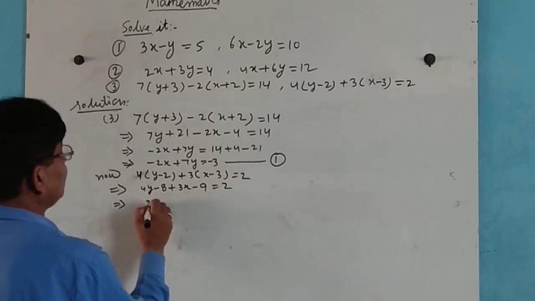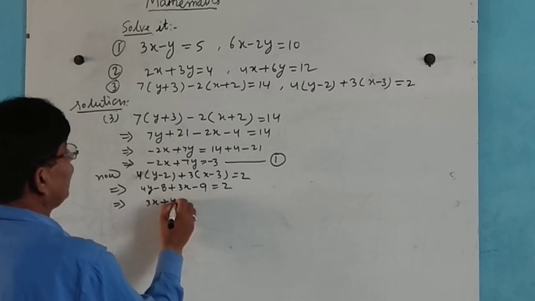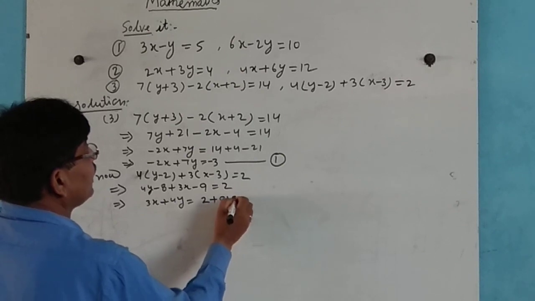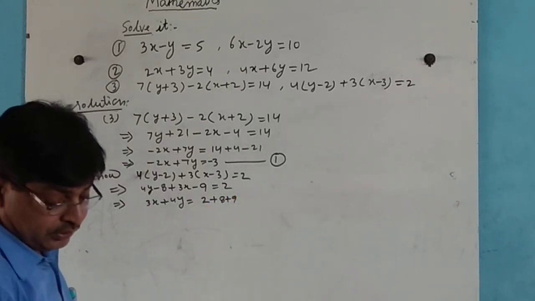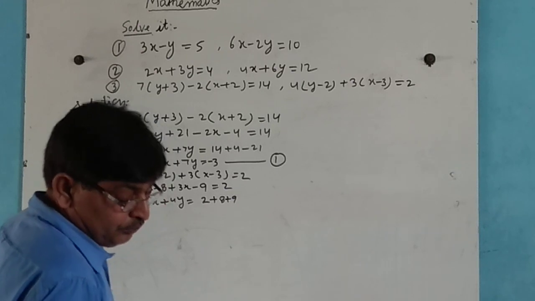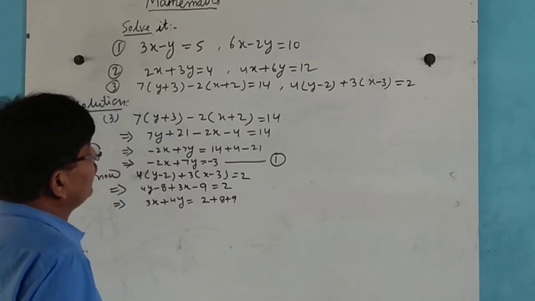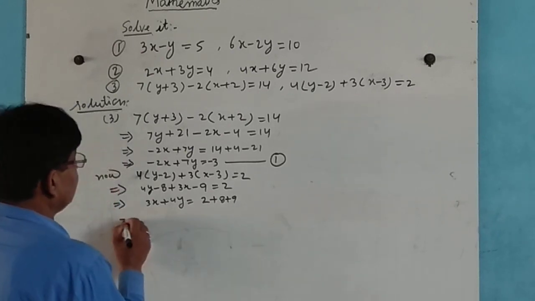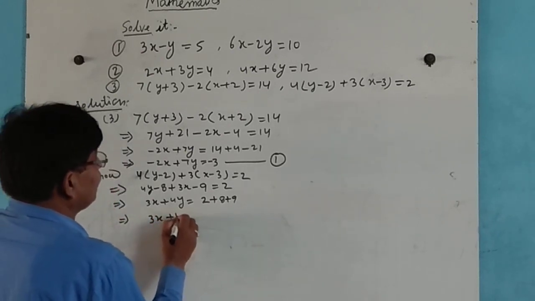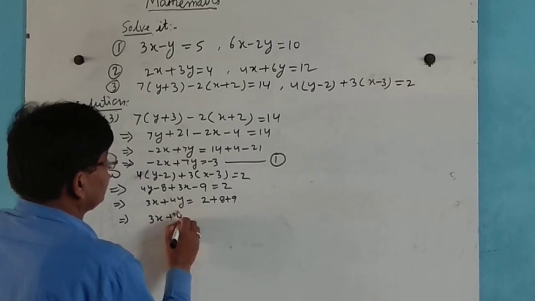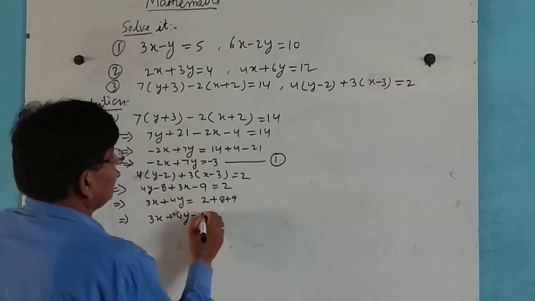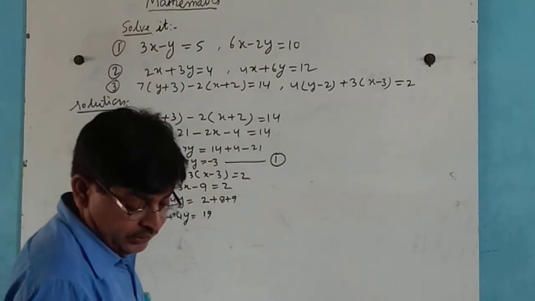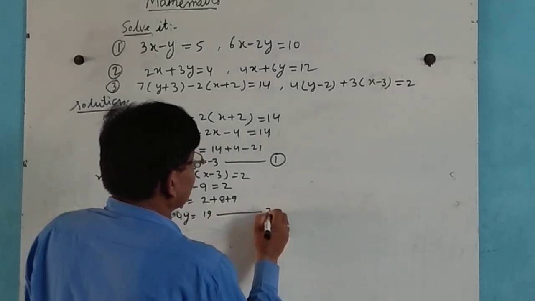Now 3x plus 4y equal to 2 plus 8 plus 9. It becomes 3x plus 4y equal to 19. 2 plus 8 is 10 and 9 makes 19. This is equation 2.